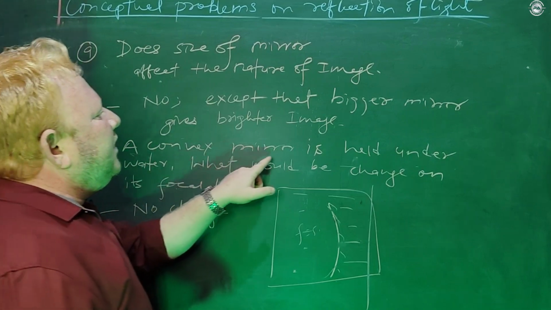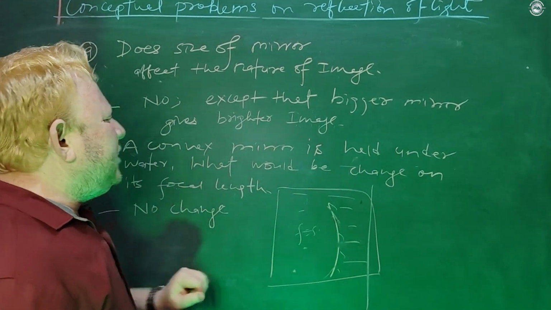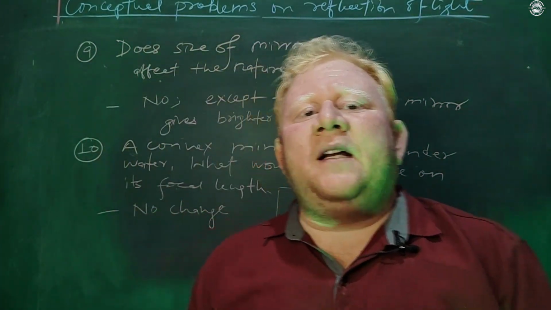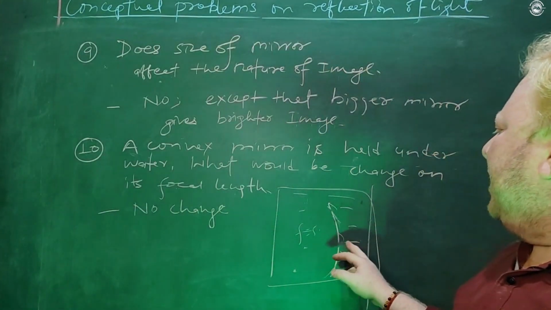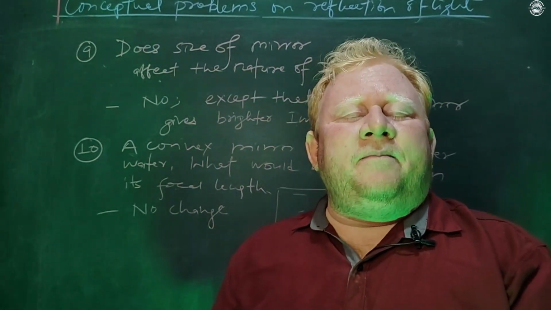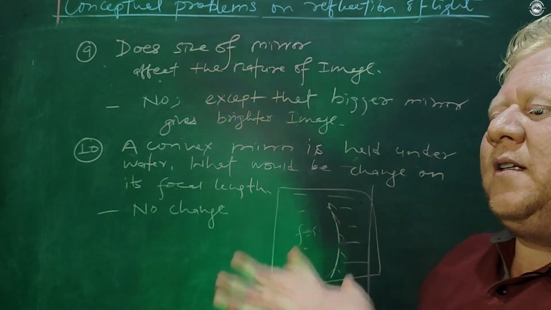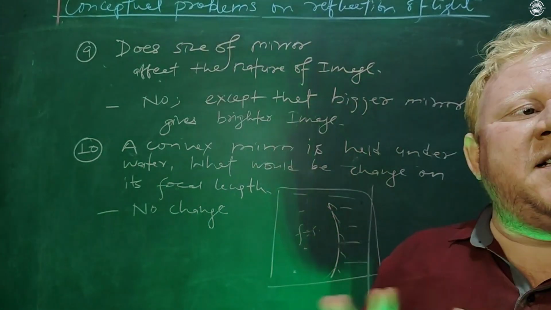A convex mirror is held under water. So what would be the change in focal length? You see, focal length of a mirror depends on radius of curvature, and radius of curvature जो है is independent of the medium. So whether a mirror is placed in water or air, its radius of curvature will be as it is.